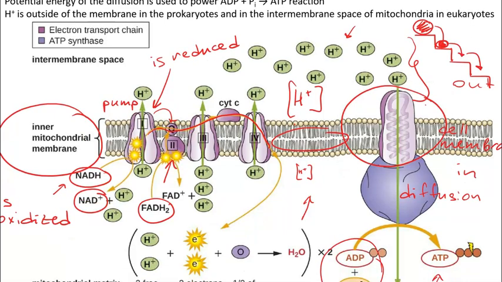The electrons manage to go through fewer proteins in the electron transport chain, and that brings less ATP, less hydrogens across the membrane. Does that make sense? Okay.